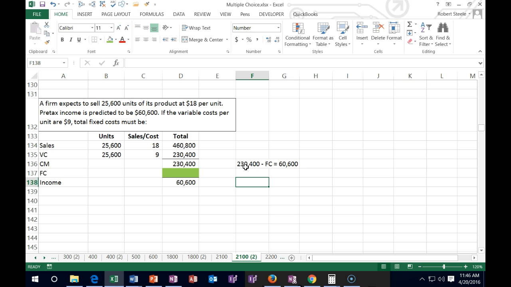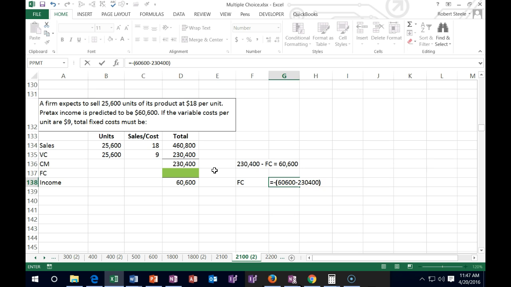We're solving for fixed cost, which means we're going to have to subtract this from each side, which will leave us with a negative, and then we'll have to remove the negative from each side. So I'm just going to do the subtraction problem and say that fixed cost equals, it would be something like this. We could say it's the negative, to flip the sign, of 60,600 minus the 230,400.